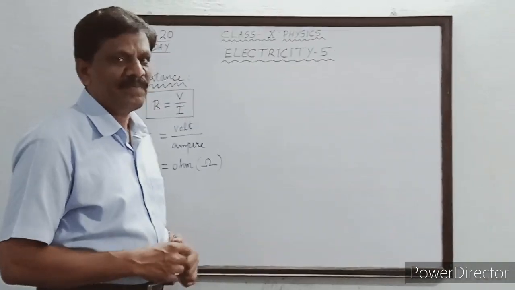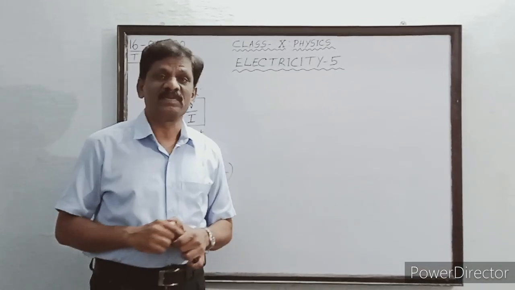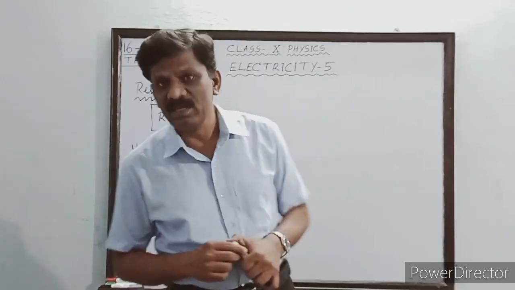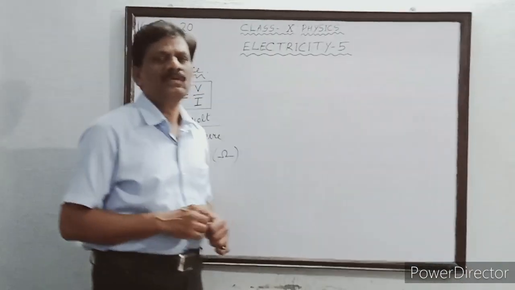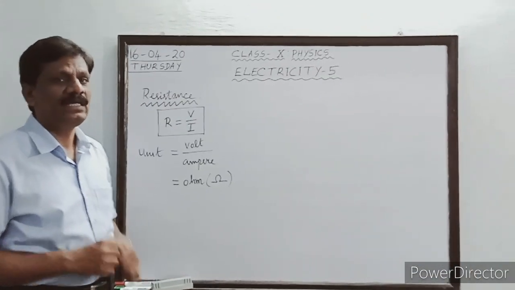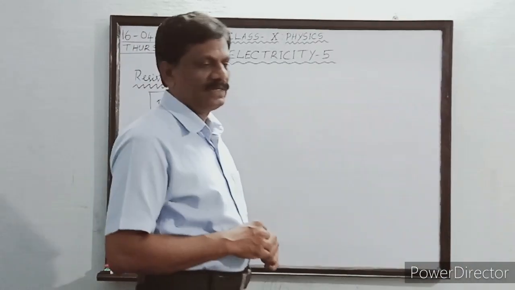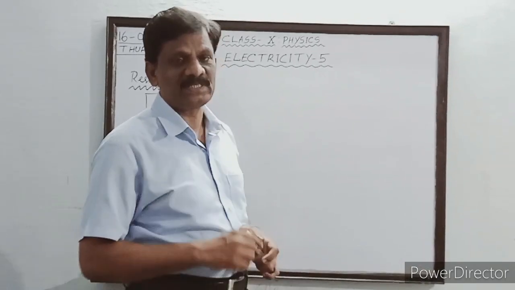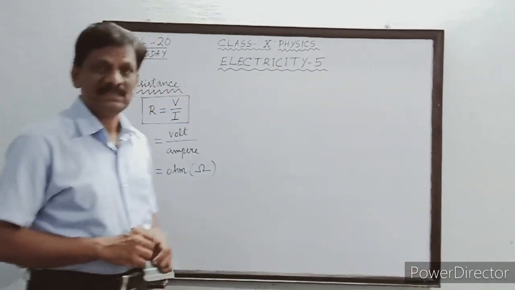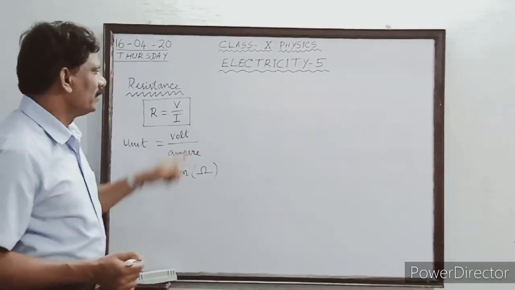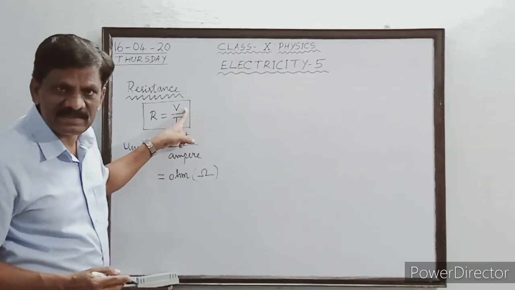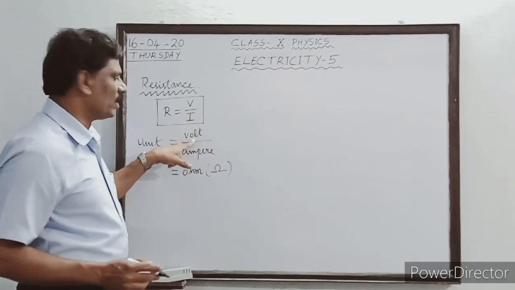Okay. In the magic triangle, I taught you three expressions: V equal to I into R, equal to V by I, equal to V by R. You tell me, what is the expression for electrical resistance? Yes, R equal to V by I. V means potential difference and its unit is volt.